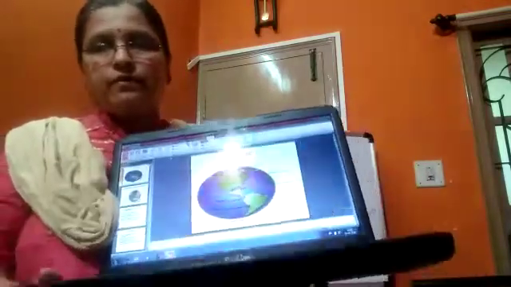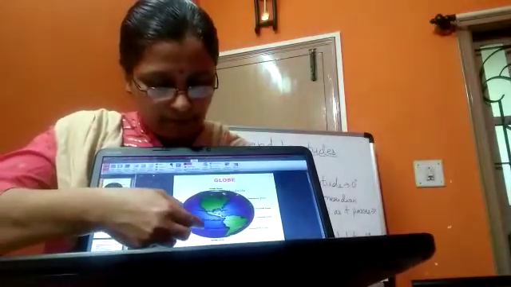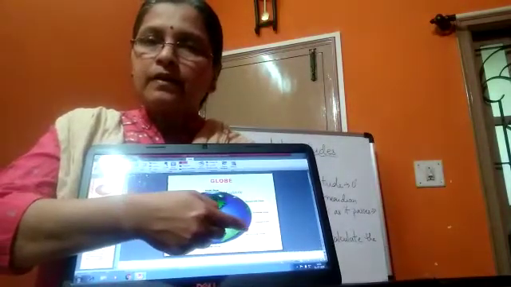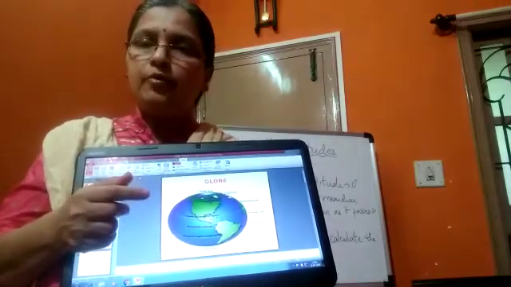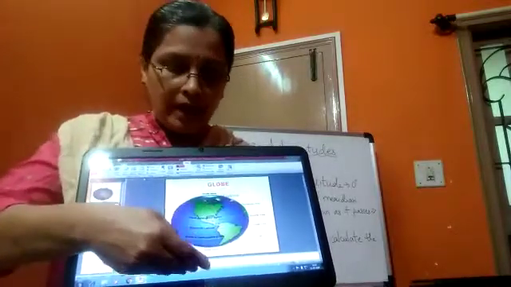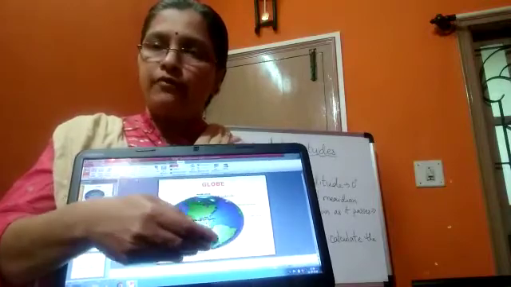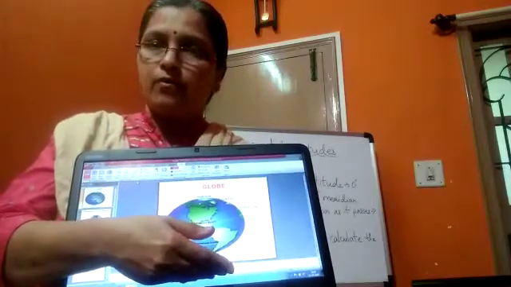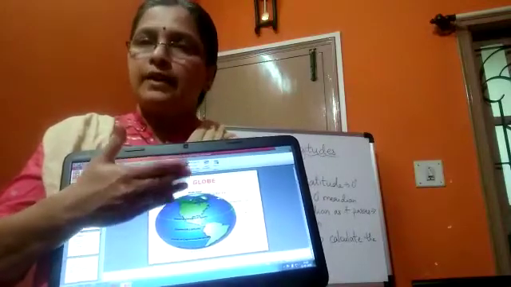And to the south we have two, that is the Tropic of Capricorn, 23.5 degree to the south, and the Antarctic Circle, 66.5 degree to the south. These are the different types of latitudes.